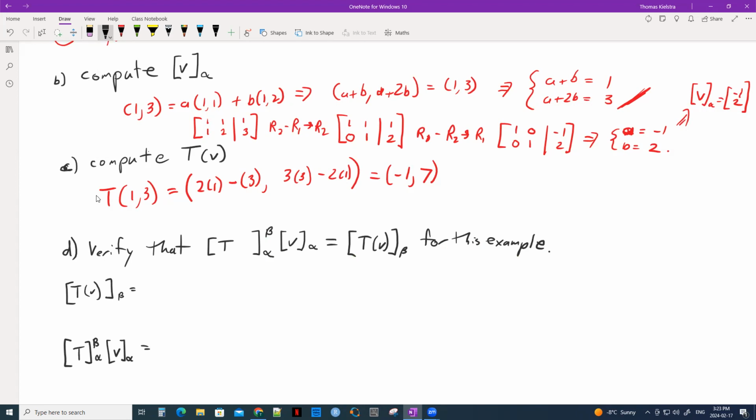First, I'm going to look at the top. We have (-1, 7), so we're looking at the coordinates vector of (-1, 7) in beta. Before we give this answer, I'm going to do off-the-side work in a different color. We look at what (-1, 7) equals: A times (1, 0) plus B times (0, 1).